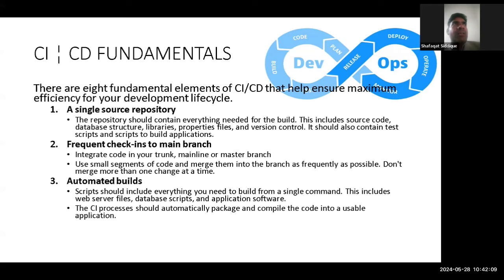Automated building and testing of the code should be performed, and that is the very critical part of CI. Because if we build properly, then we can say that we have completed at most 50% of our CI, because we build the code and then forward it to the test.